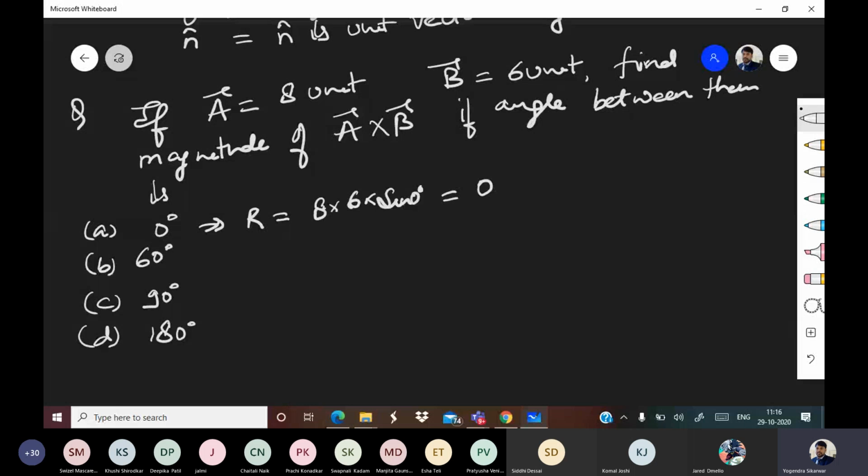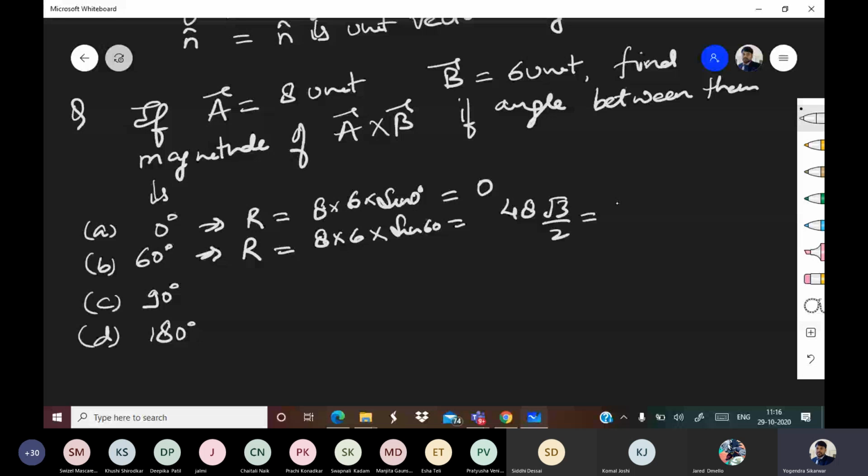In the second case, it will be 8 into 6 into sine 60. Now sine 60 will be root 3 by 2. 8 into 6 is 48 into root 3 by 2. So that will become 24 root 3.